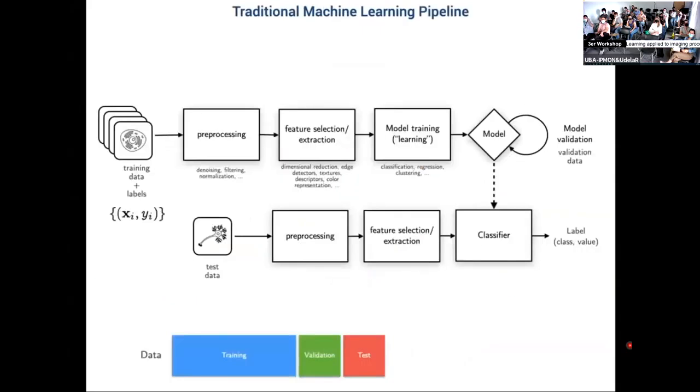In a traditional machine learning block diagram, we have certain steps defining this approach. Let's assume we are working with images. First, we have the pre-processing step, where an image is adapted or prepared, for example, performing some denoising or normalization. Then, we compute a group of characteristics or features describing different aspects of the data relevant to the particular task.